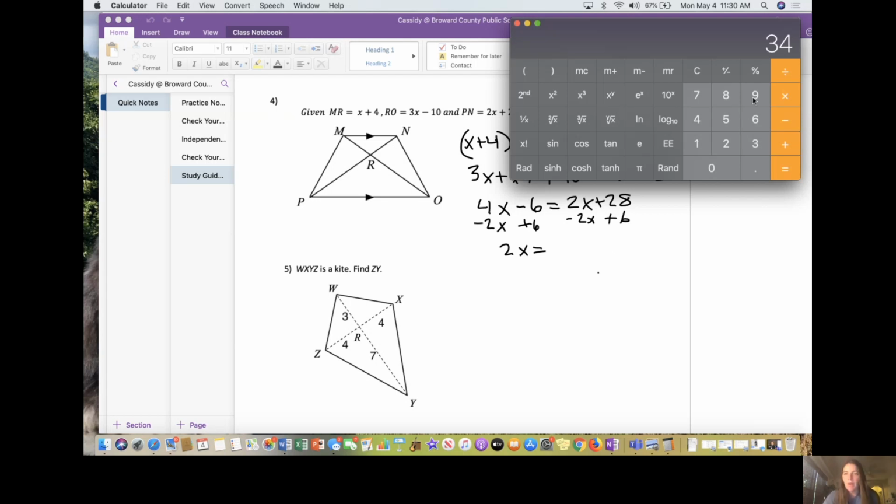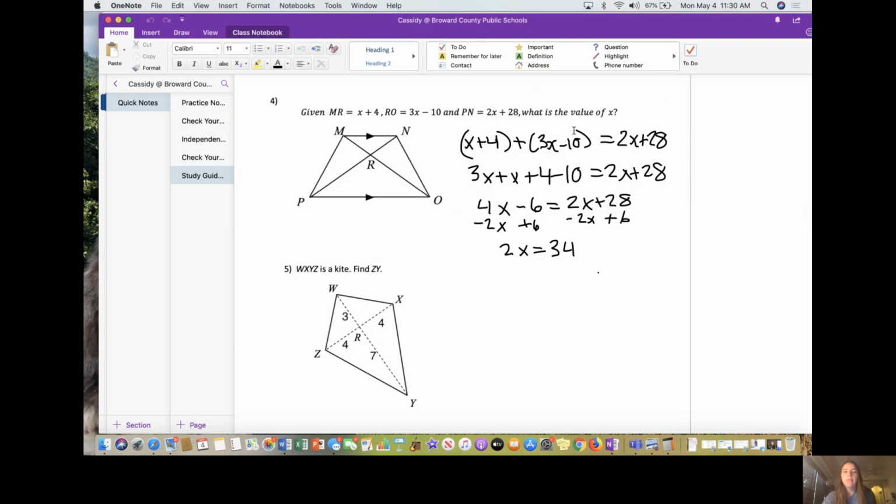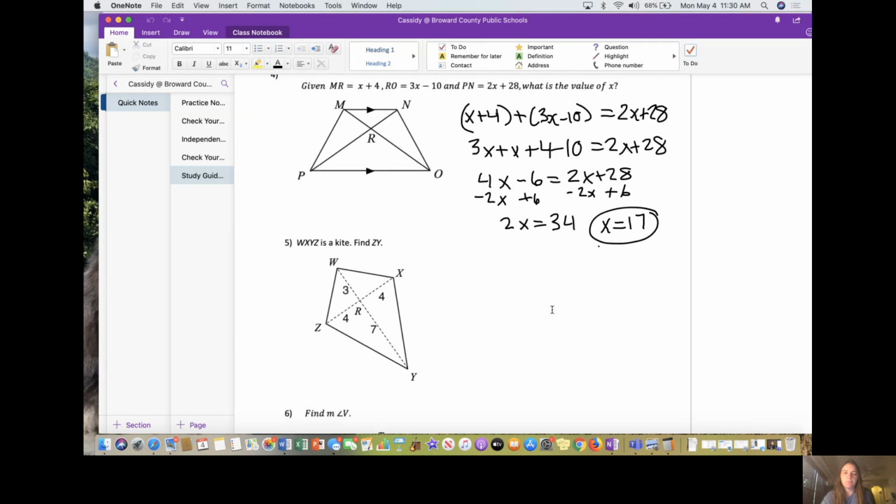To get x by itself, we're going to divide by 2, and we get x equals 17. And that's all they asked for: what's the value of x? So x equals 17.